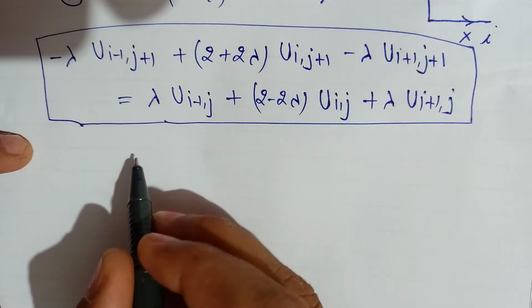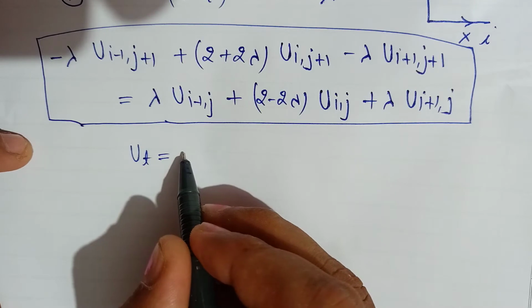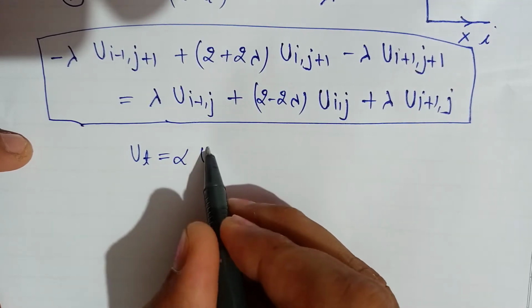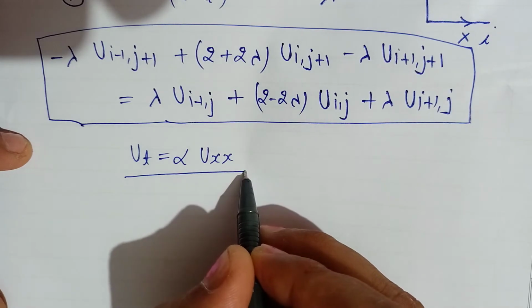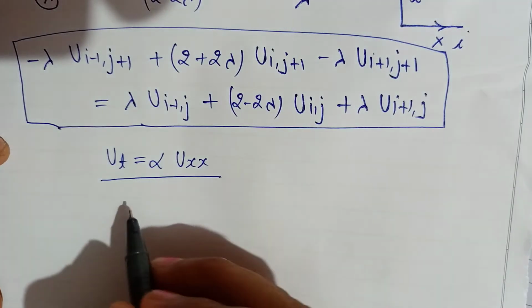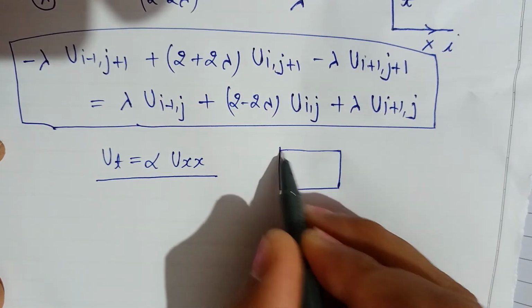If you take the heat equation u_t equal to alpha u_xx and apply the finite difference scheme, this is your x-axis.